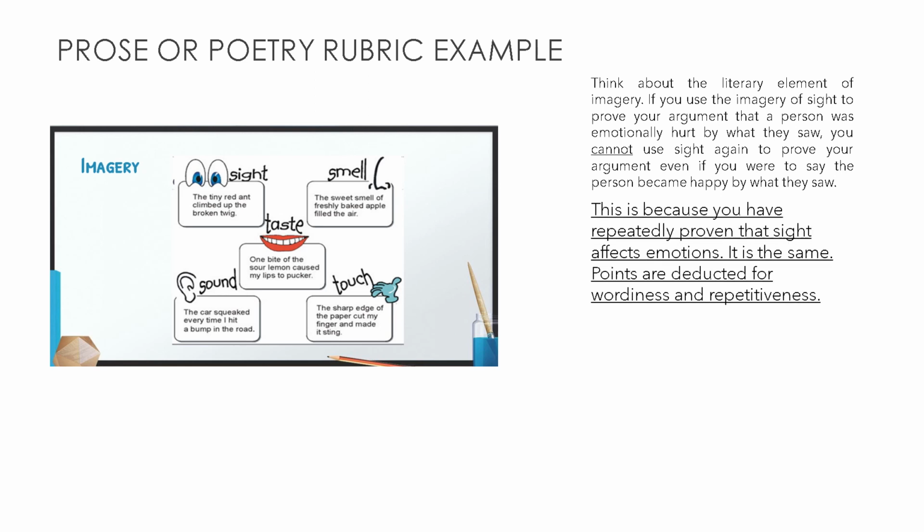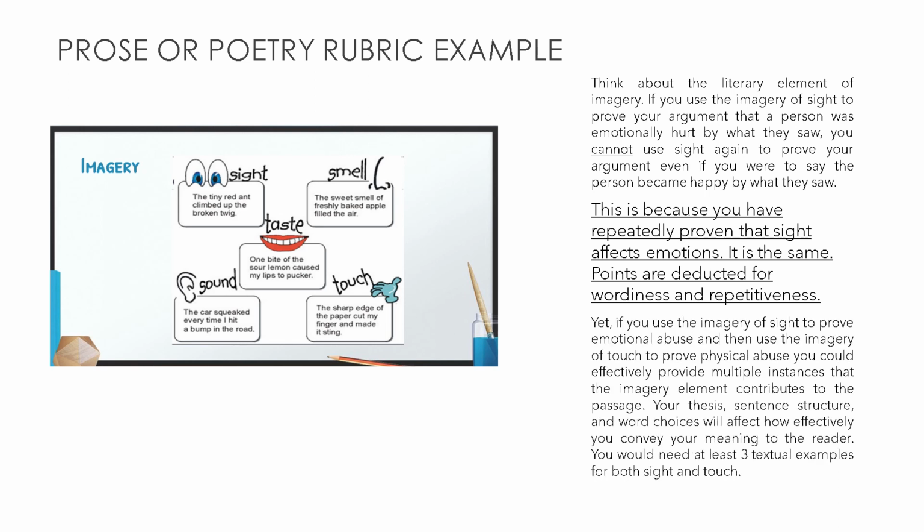This is because you have repeatedly proven that sight affects emotions. It is the same. Points are deducted for wordiness and repetitiveness. Yet, if you use the imagery of sight to prove emotional abuse and then use the imagery of touch to prove physical abuse, you could effectively provide multiple instances that the imagery element contributes to the passage.